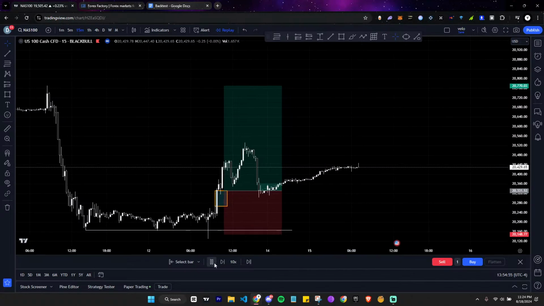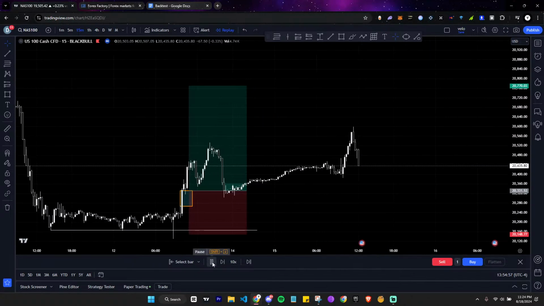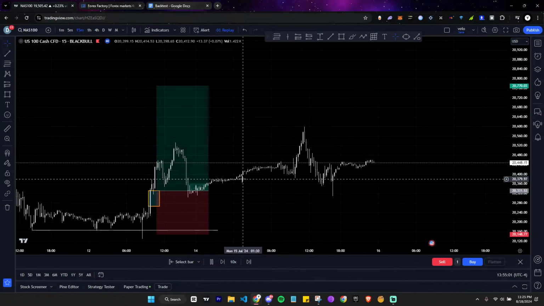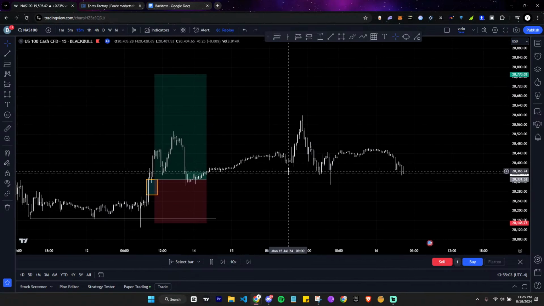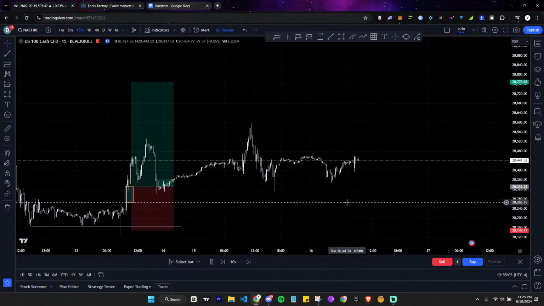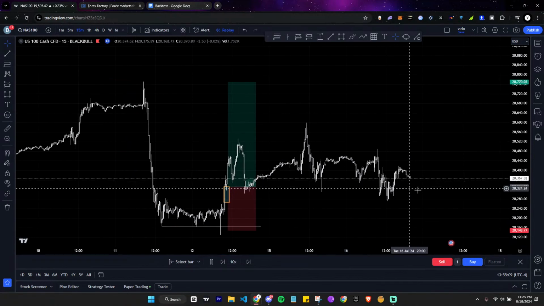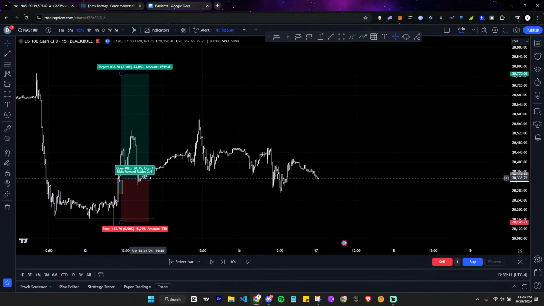Too much consolidation. Ideally, I would exit out somewhere around here because there's too much low resistance liquidity runs. See? It's going on for way too long.